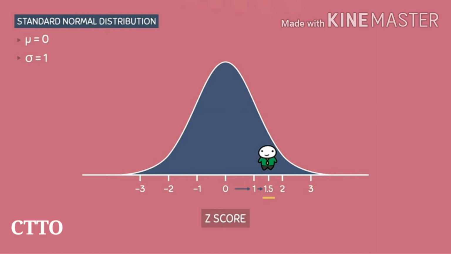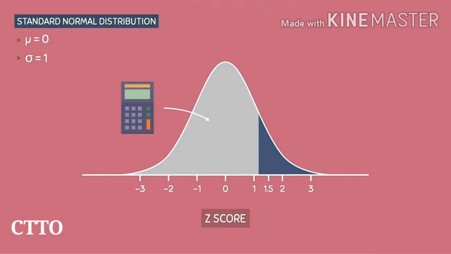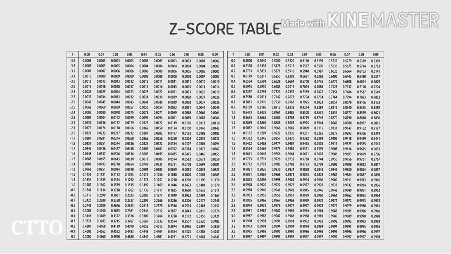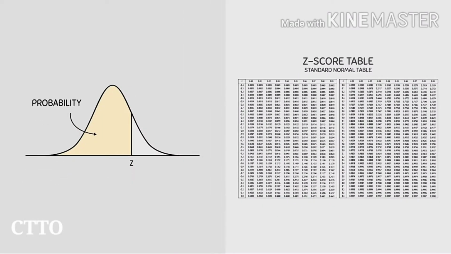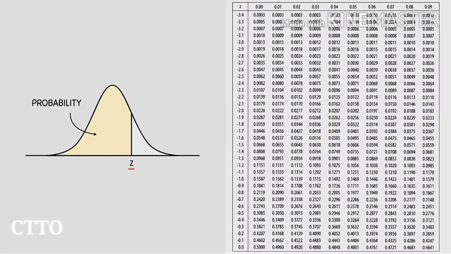Most importantly, a z-score allows us to calculate how much area that specific z-score is associated with, and we can find out that exact area using something called a z-score table, also known as a standard normal table. This table tells us the total amount of area contained to the left side of any value of z. For this table, the top row and the first column correspond to z values, and all the numbers in the middle correspond to areas.